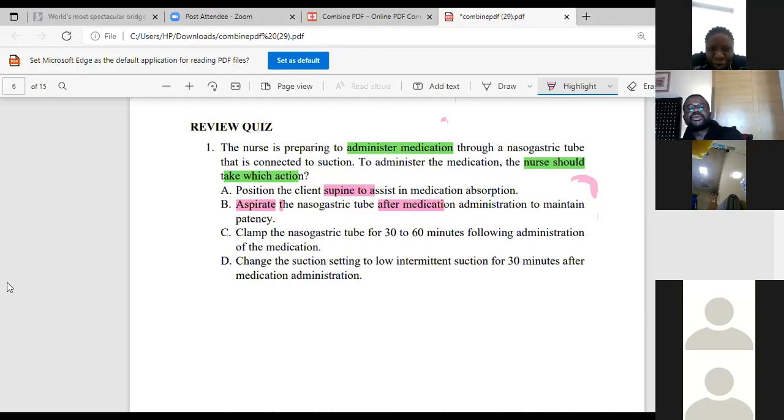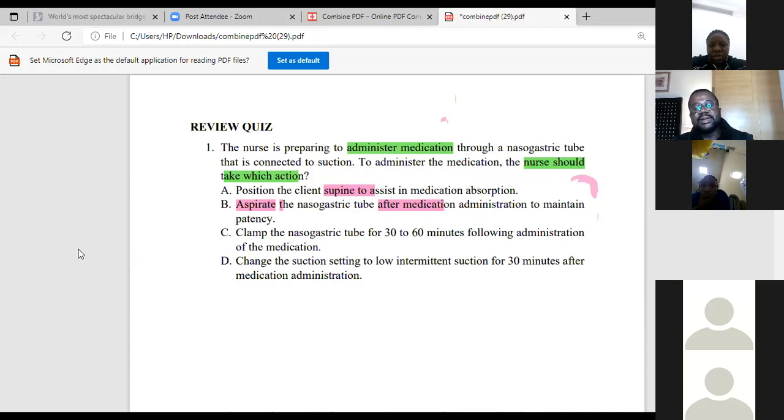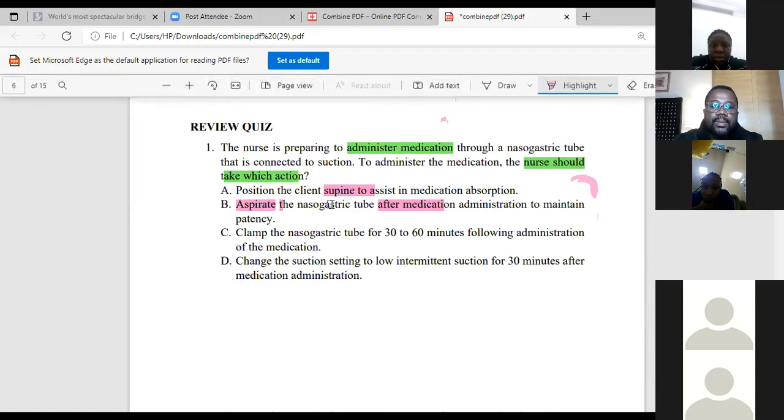In our note, we said when you administer medication, position the client in semi-Fowler's, flush before and after medication. You should clamp the tube for 30 to 60 minutes. So you can answer this question by first of all removing the wrong ones.